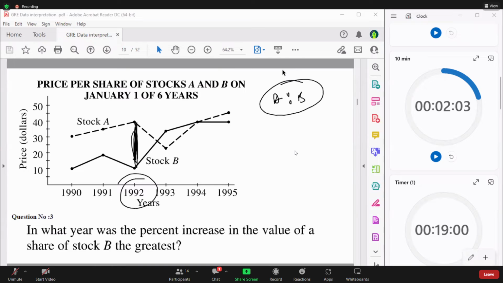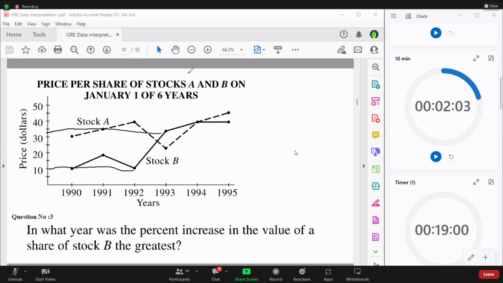Last, in what year was the percentage increase in the value of a share of stock B the greatest? From 1992 to 1993, you can see the growth has been the most here. It depends upon the slope of the line. Here it was $10.